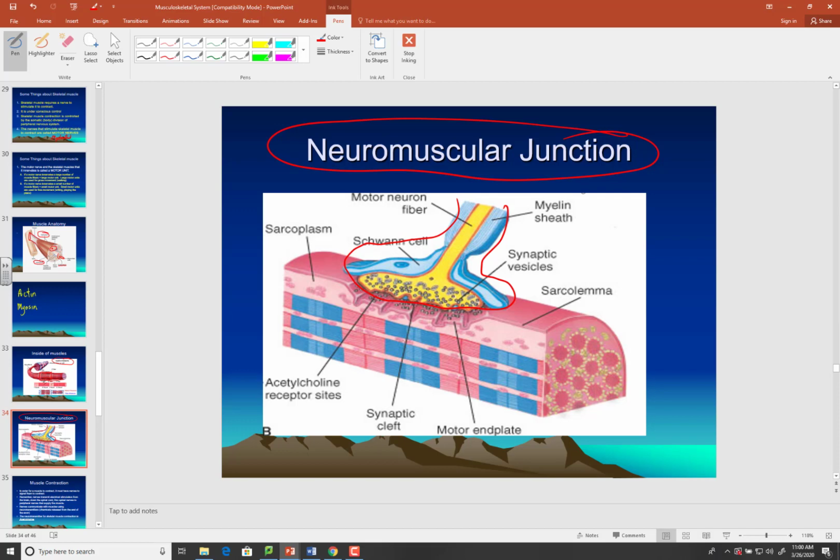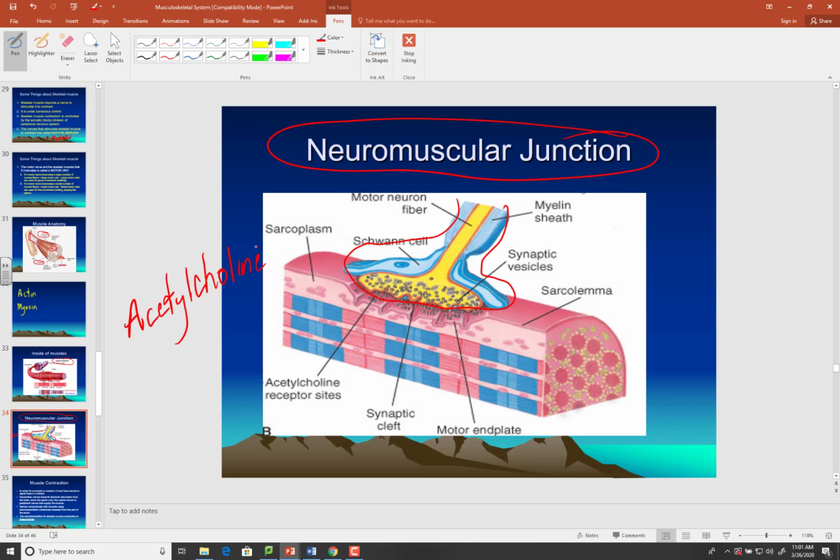And the neurotransmitter for skeletal muscle contraction is always acetylcholine. Always. What's the neurotransmitter for skeletal muscle contraction? Always acetylcholine.